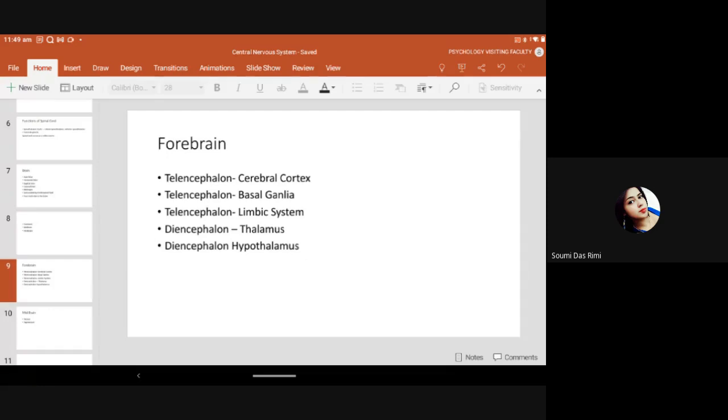Another name of this section is the emotional brain, because all the emotional activities are controlled by this region. So if there is any damage in this area, then it may lead to abnormal emotional reactions to some situations.